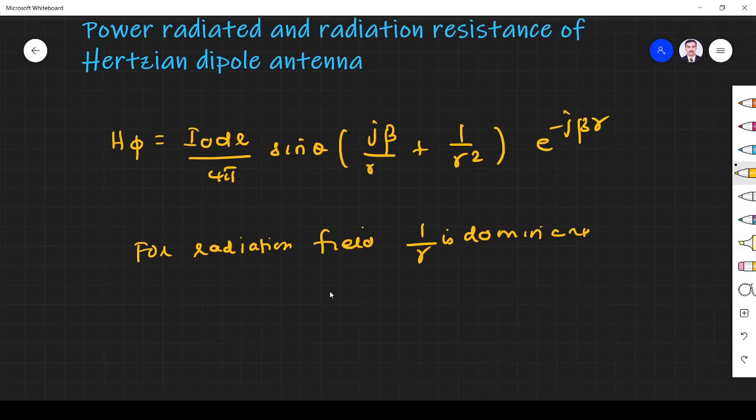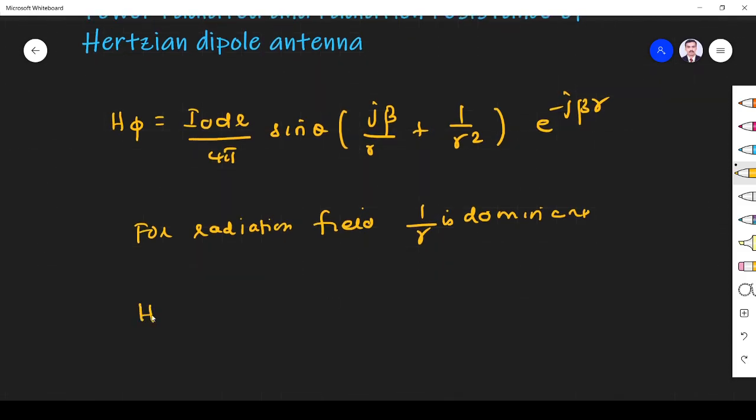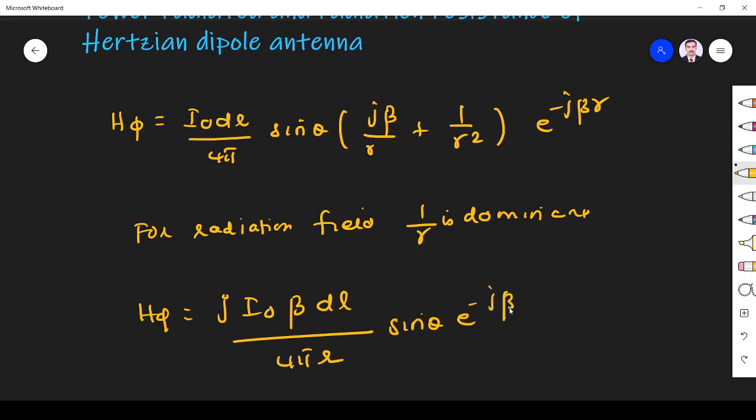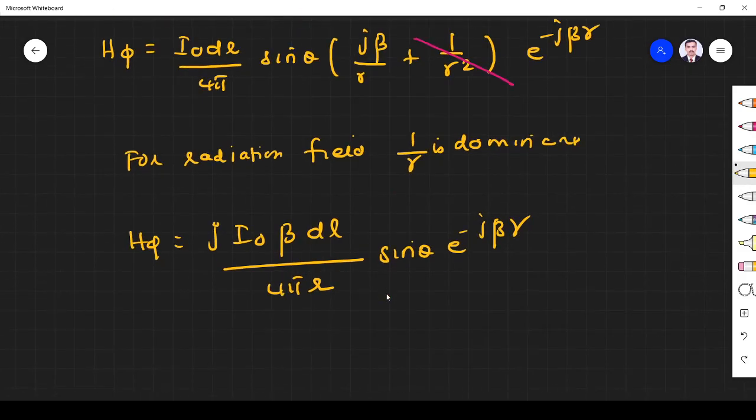So H phi will be equal to j I naught beta dl divided by 4 pi r, sin theta, e power minus j beta r. I just neglected the 1 by r squared term. So we got the H value.